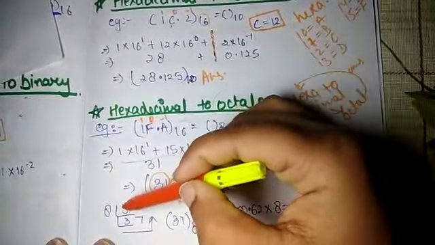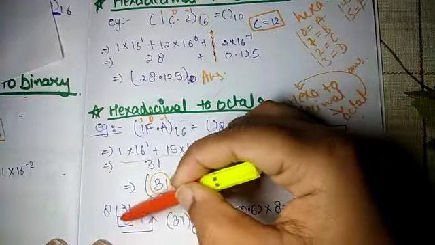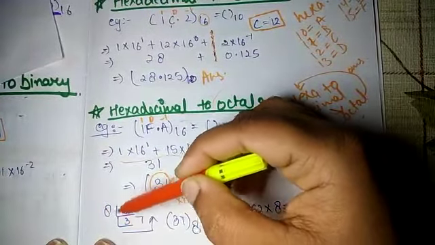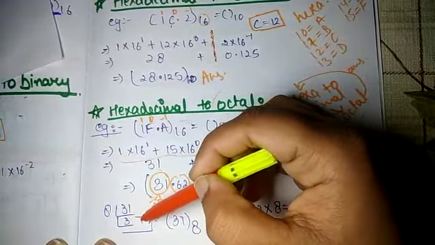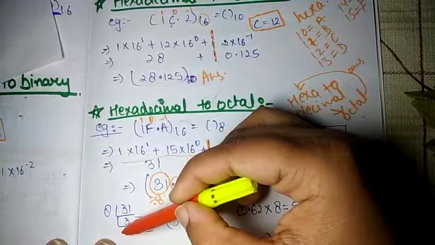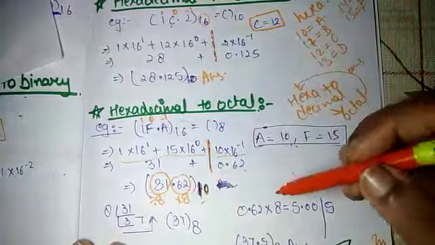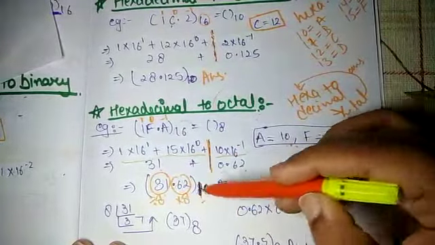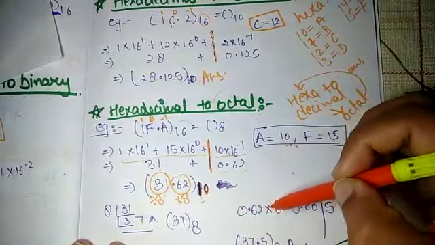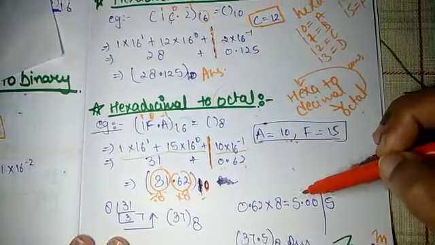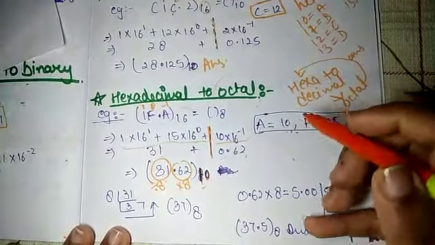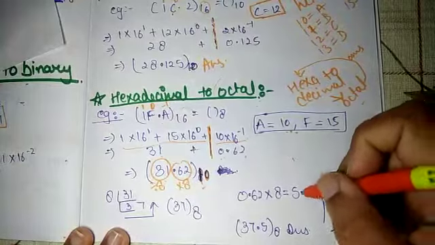So dividing by 8, 31 divided by 8 will be 3. 3 8s are 24 with a remainder of 7. Considering from bottom to top, there are 3 and 7 with base 8. And multiplying 0.62 by 8, which will be equal to 5.00, that is 0.5.